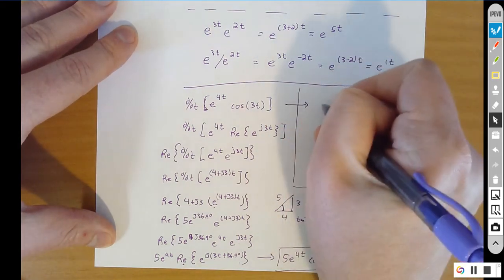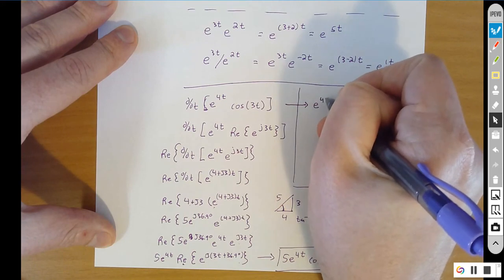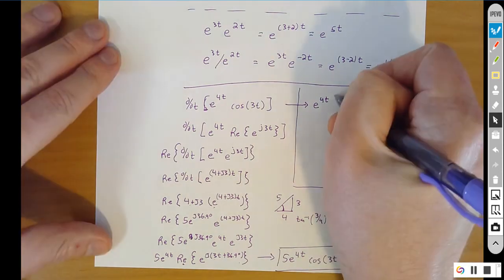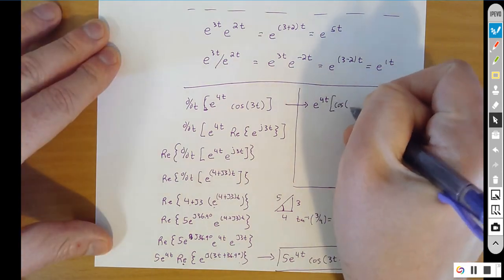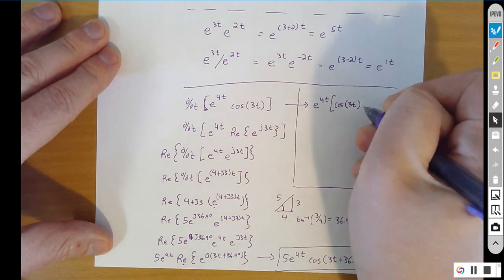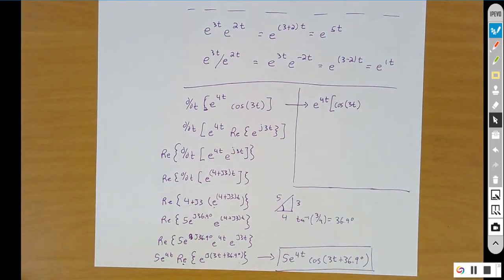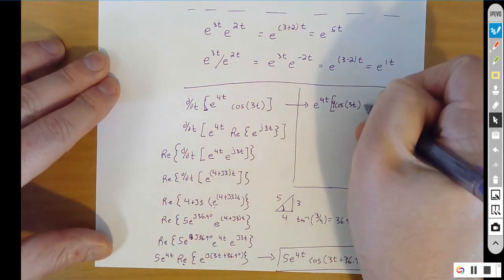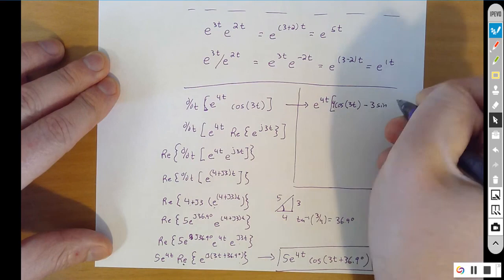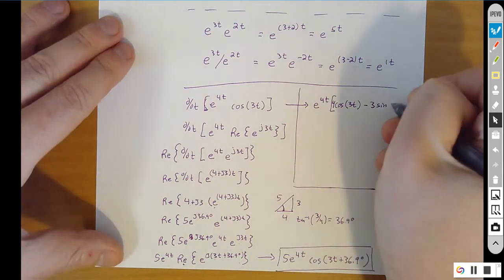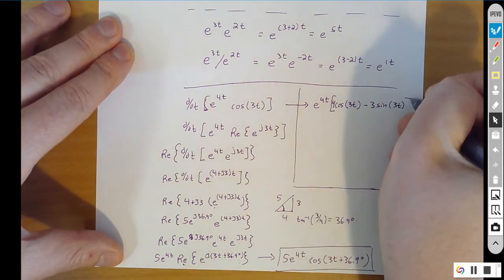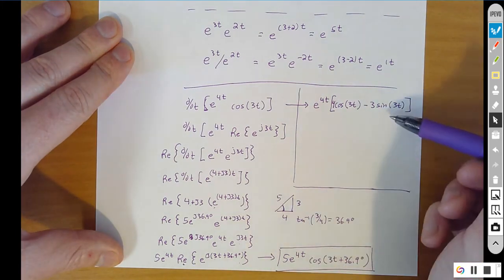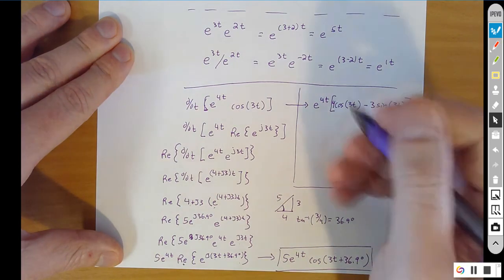But if you did, you would get e to the 4t quantity 4 cosine 3t minus 3 sine 3t. So again, you wouldn't want to do it this way because you get a cosine and a sine function. Note that this and this are related through this identity.